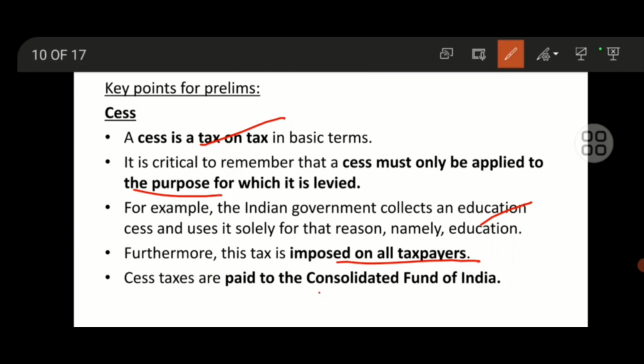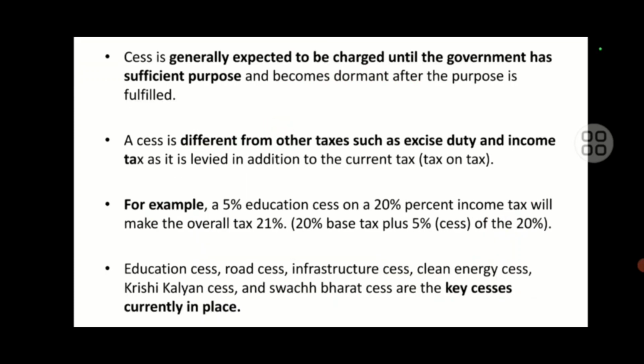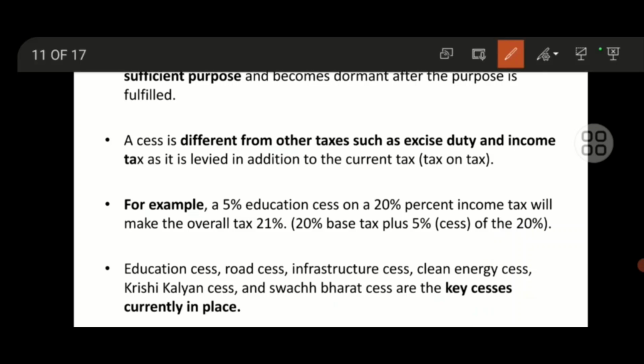Cess is paid into the Consolidated Fund of India. Cess is generally charged by the government for a specific purpose, and that cess will become dormant after that purpose is achieved or fulfilled. A cess is different from other taxes like excise duty and income tax.